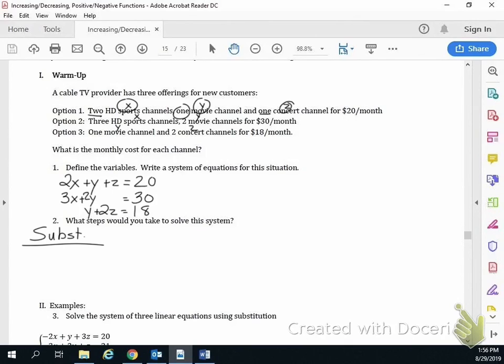So let's kind of talk about how we would attack this if we went substitution. Whenever I do substitution, we talked about certain things I would look for, because you'd have to solve for a variable, but we talked about what to look for to make the problem easiest for us. So looking at that problem, which variable in any of the equations would I solve for? Which one would be the easiest to solve for?